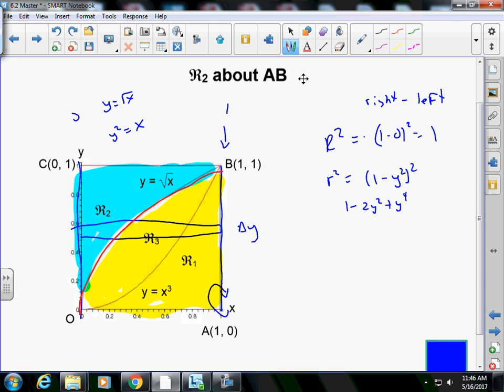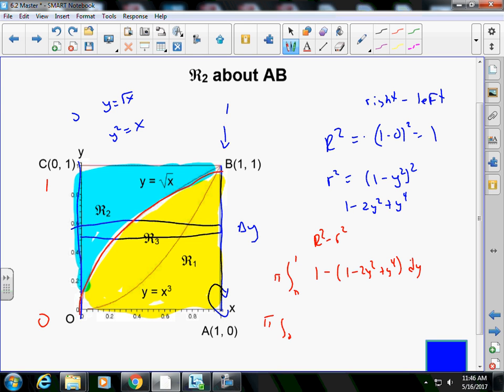My y's are ranging from 0 to 1. So I'm going to pi, 0 to 1. My big R squared, which was 1, subtract my little r squared, right? It's big R squared, subtract little r squared. 1 minus 2y squared plus y to the 4th dy.